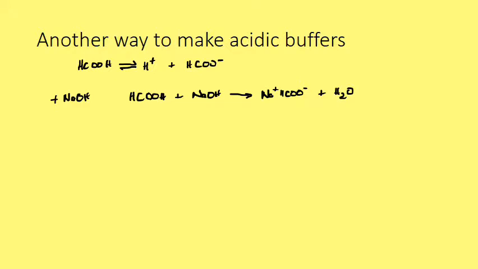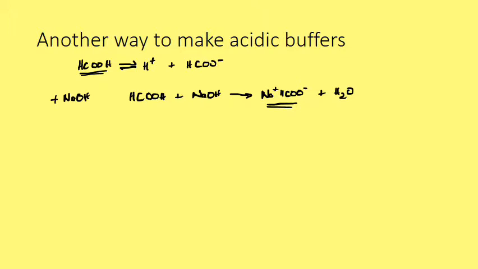And so you see what we've done is we've ended up with the same sodium methanoate salt as we had in the earlier example. And of course we've started off with excess acid particles, so we've still got a lot of acid particles in the equilibrium mixture. So we ended up in the same place, but we've just started one step earlier. So we've sort of made our salt as part of the buffer reactions.